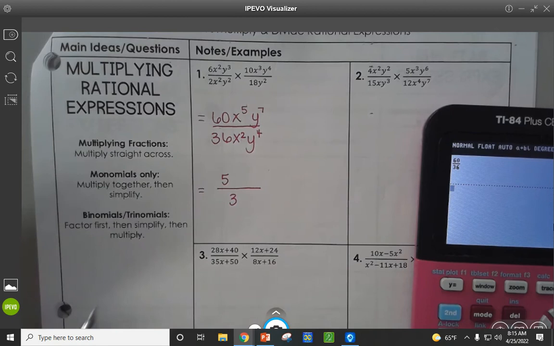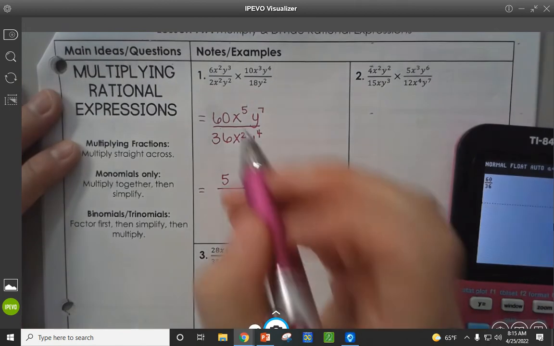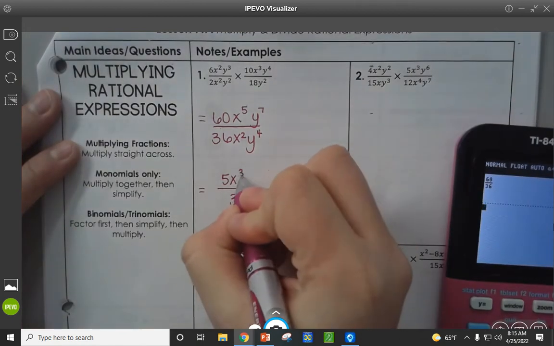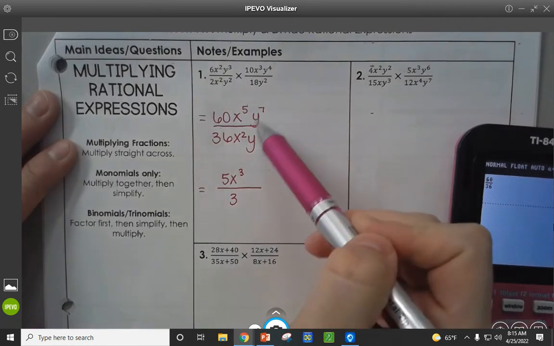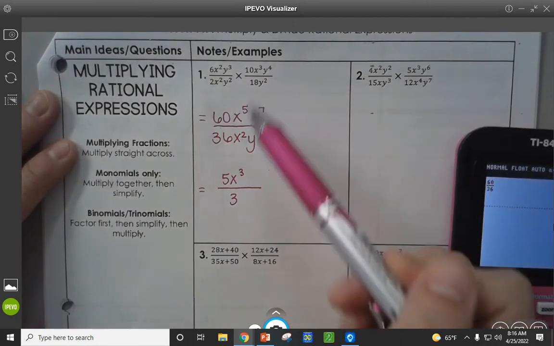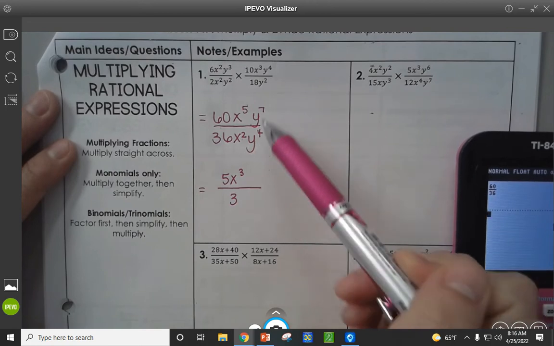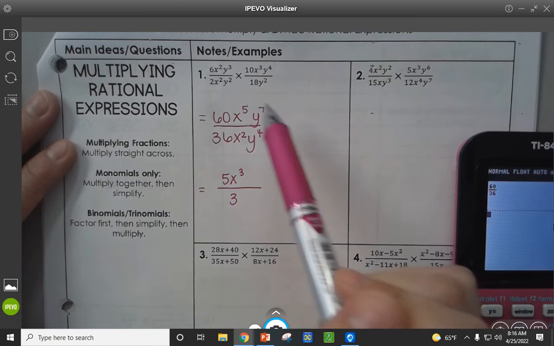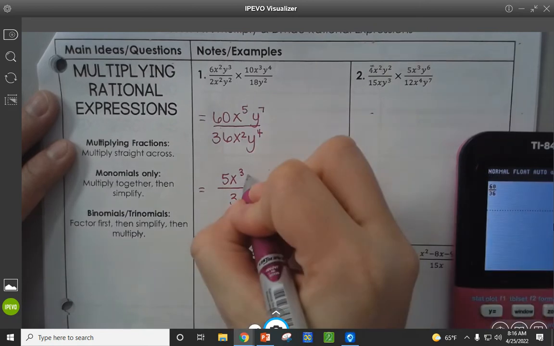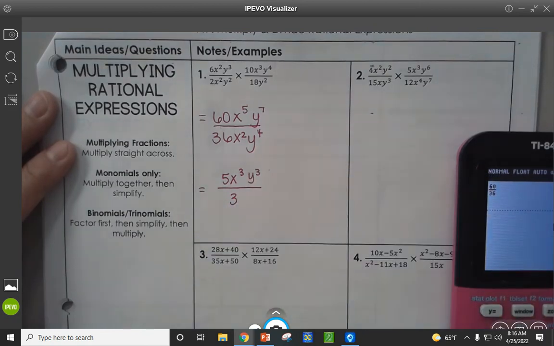When we cancel out or subtract those exponents, we're left with x cubed on top. And then we have y to the 7th in the top, y to the 4th in the bottom. So when we cancel out y's, how many y's are we left with? 3. So y cubed in the top. And that's your answer.